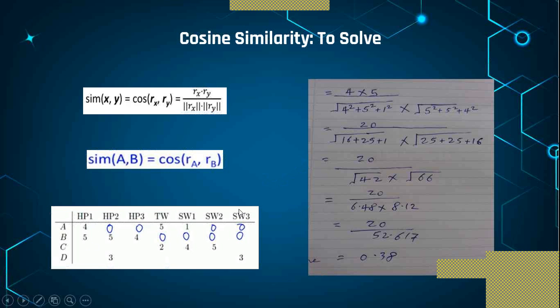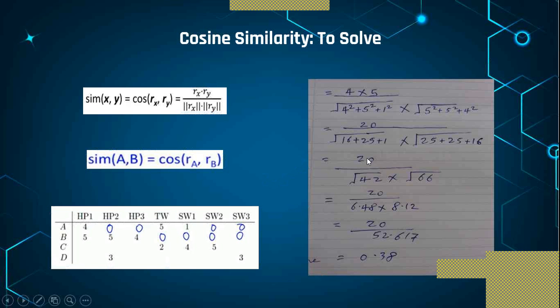So 4 into 5 divided by the magnitude of A. So what is the magnitude of A? Root of 4 squared plus 5 squared plus 1 squared, multiplied by the magnitude of B. So what is B? Root of 5 squared plus 5 squared plus 4 squared, and the rest are 0. So it is equal to 20 divided by root of (16 plus 25 plus 1) multiplied by root of (25 plus 25 plus 16).